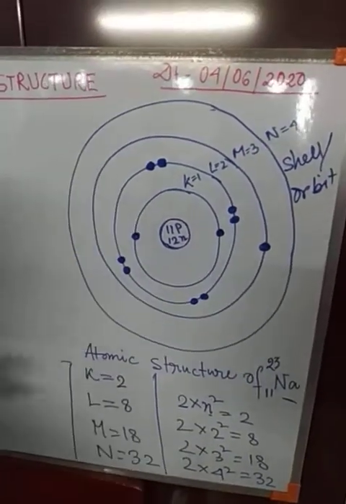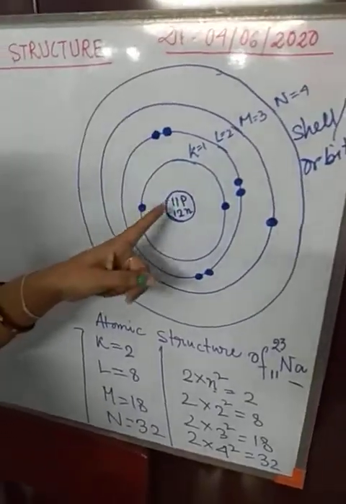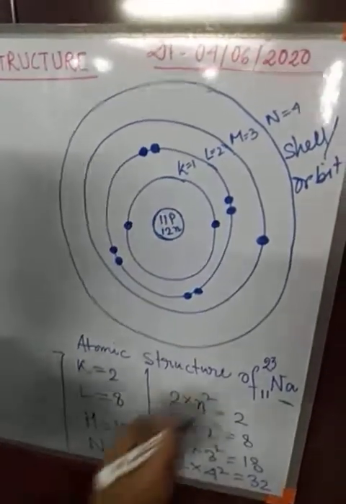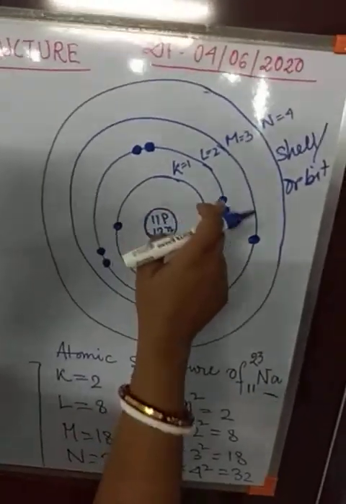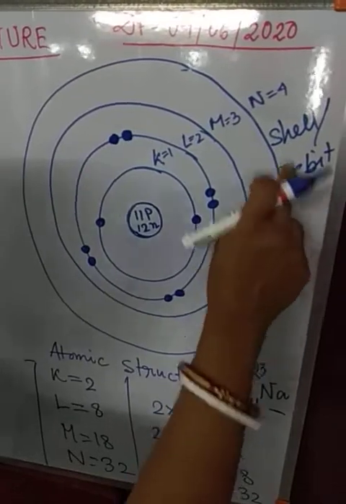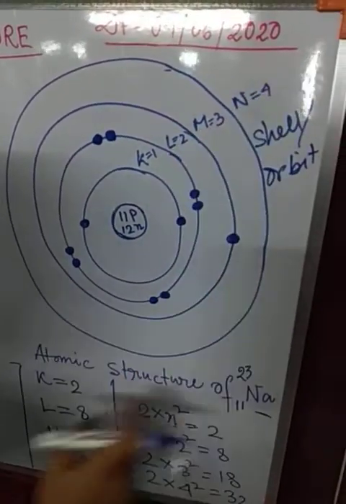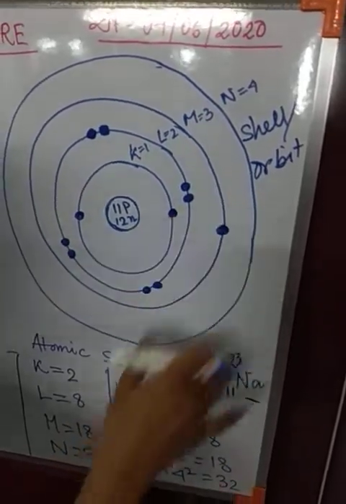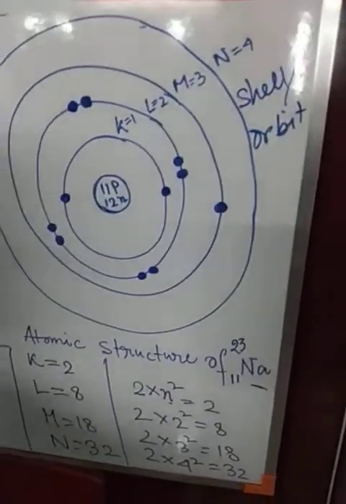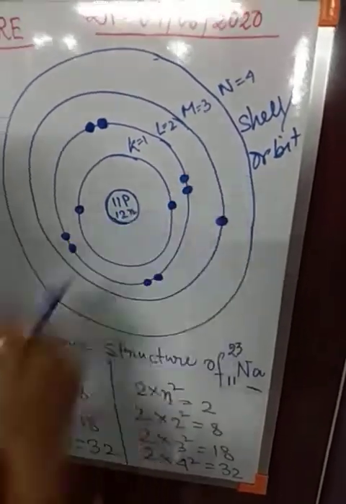So the total number of nucleons present in sodium will be 11 plus 12. As this is the structure for sodium, and in the N shell there are no electrons, we can wipe it out. We can erase the shell. No need to draw it. So up to the M shell it will be there.